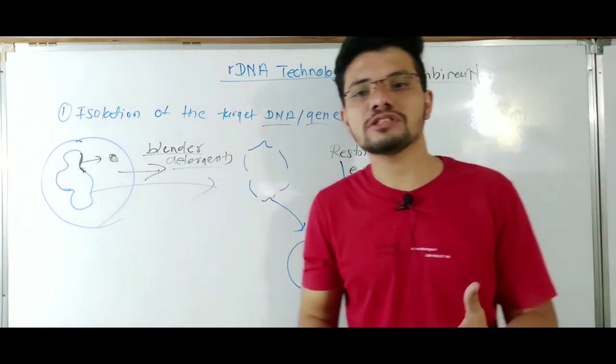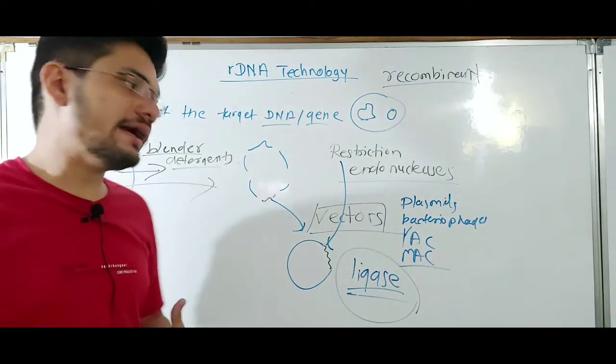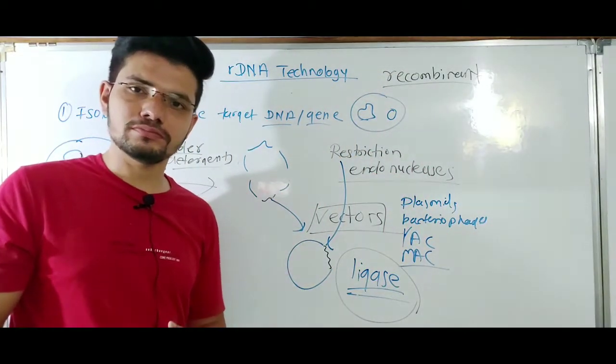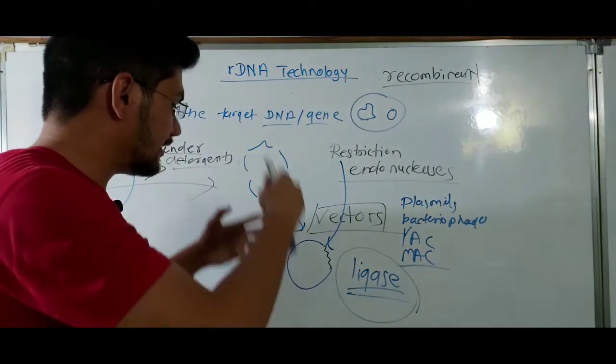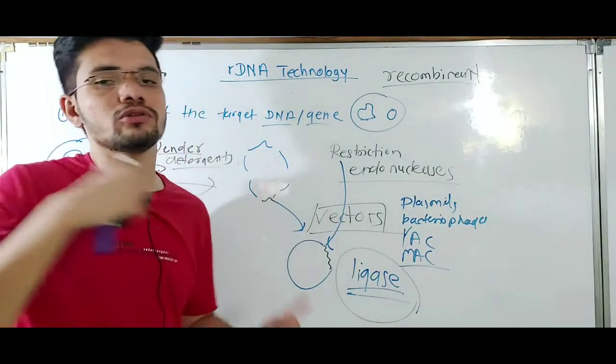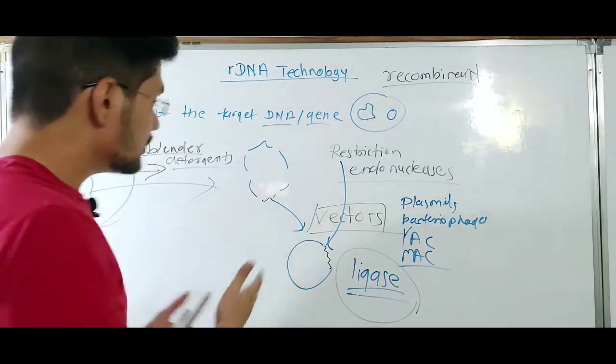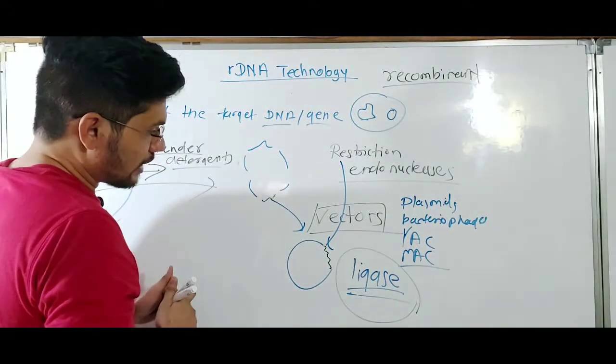So that's why this technology is termed rDNA technology, right? So we are incorporating or injecting this rDNA into the host cell, right? So that is what we are going to do in the next step.